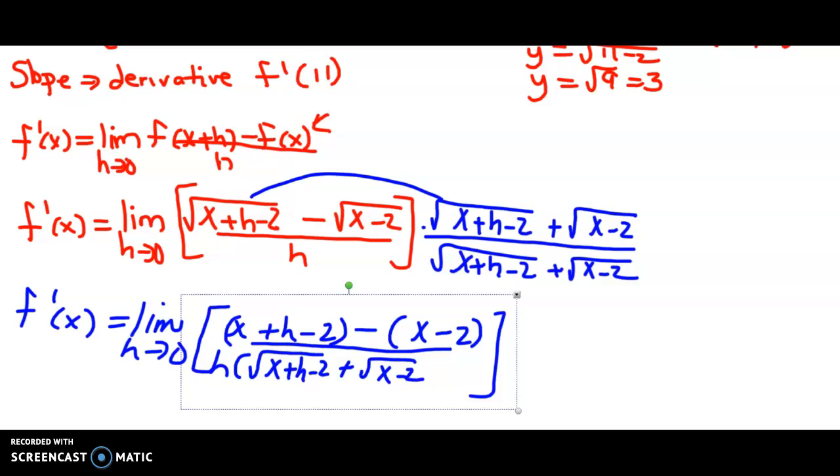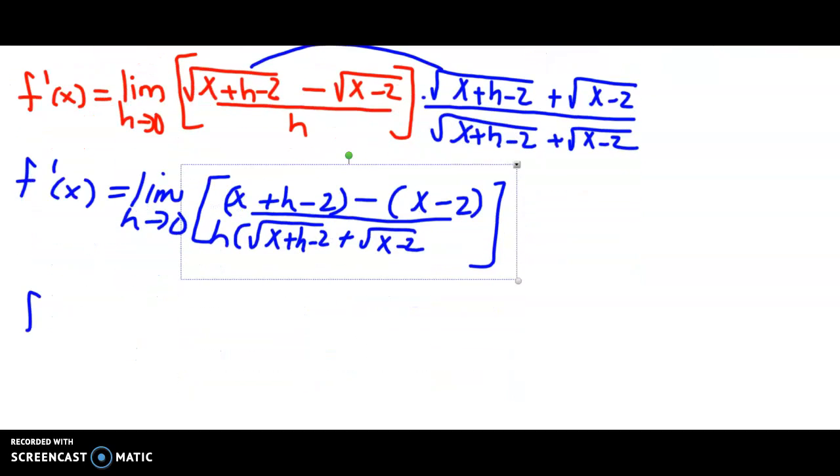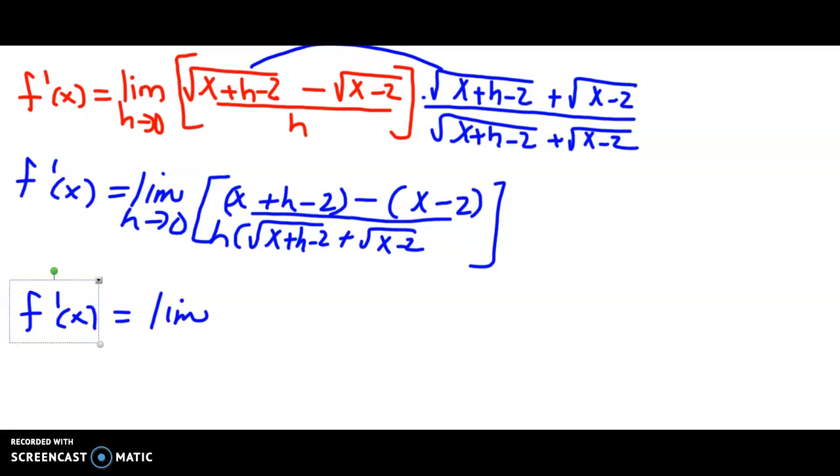Okay, so now our goal is for h to cancel. So we'll simplify this by looking at the numerator. So the x's will cancel. The subtraction with the negative will make that 2 positive, so the 2's will cancel. So you notice you're just left with h, which is great because then the h's will cancel.